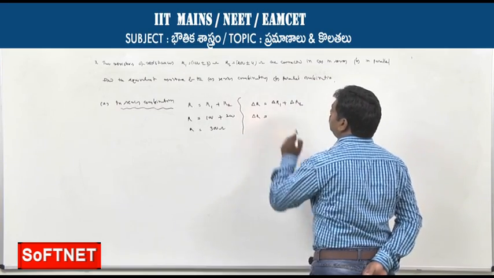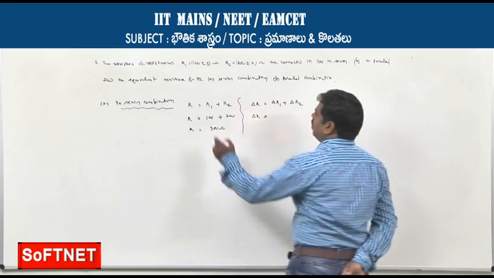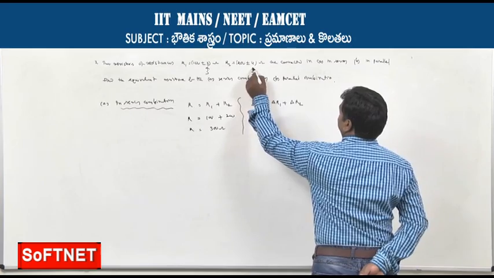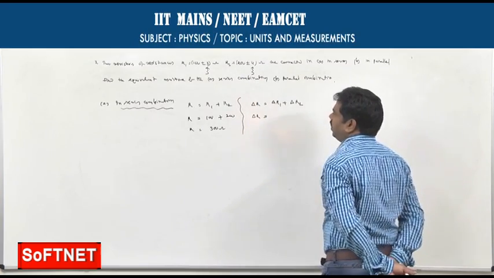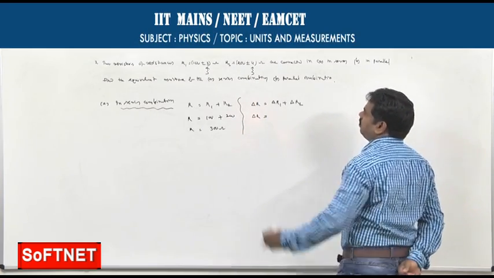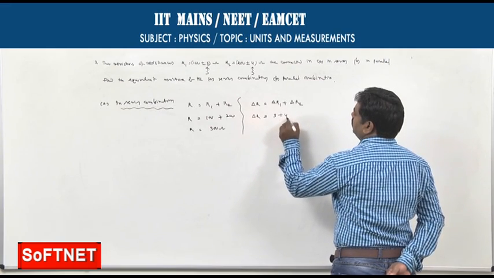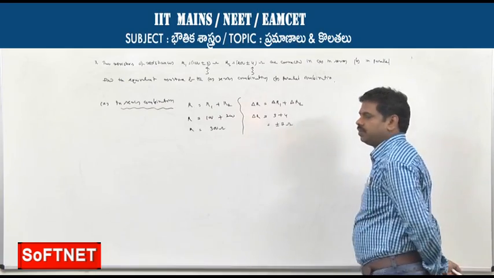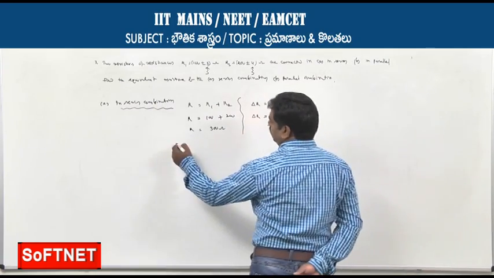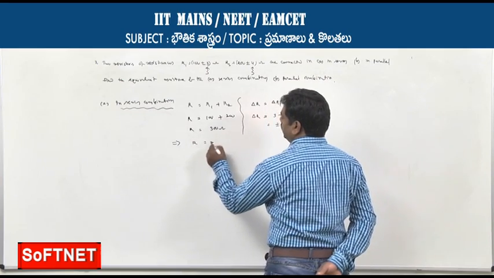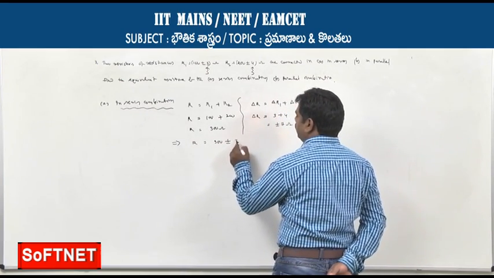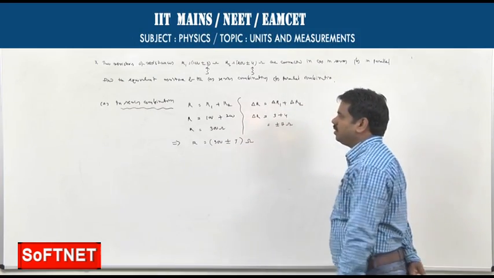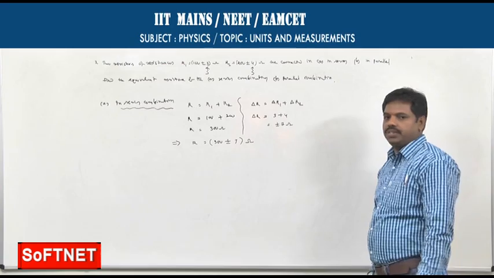Delta R1 is given as plus or minus 3 and delta R2 is given as plus or minus 4, but you always have to use positive values. So 3 plus 4 is plus or minus 7 ohms. That is, the final resultant resistance in series combination can be written as 300 plus or minus 7 ohms. This is the answer in series combination.